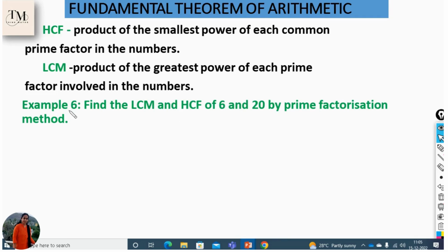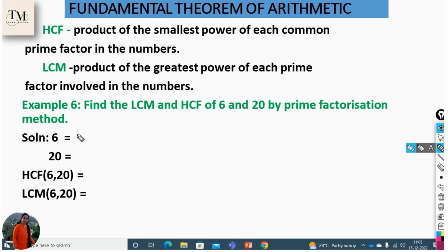Example 6. Find the LCM and HCF of 6 and 20 by prime factorization method. So 6 can be factorized as 2 into 3 into 1.